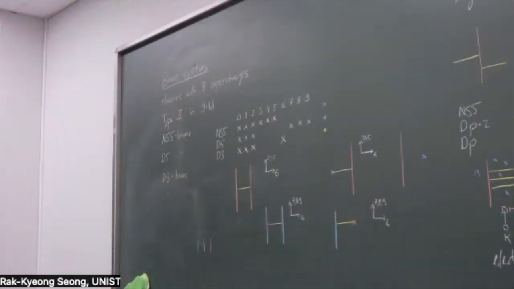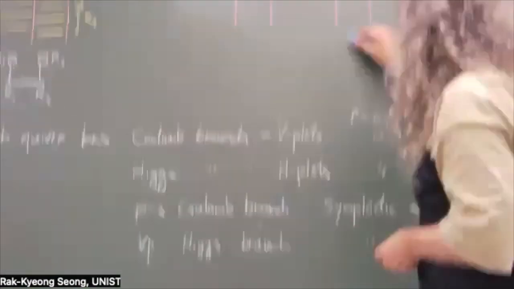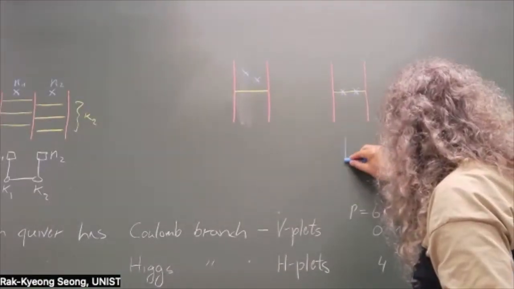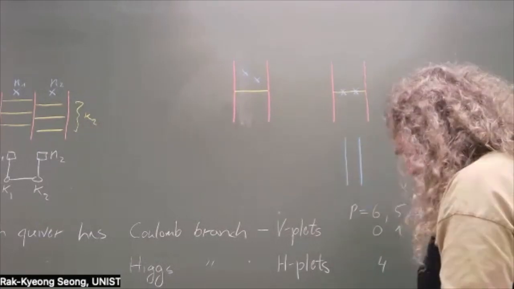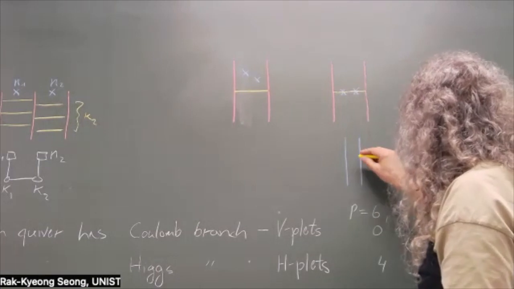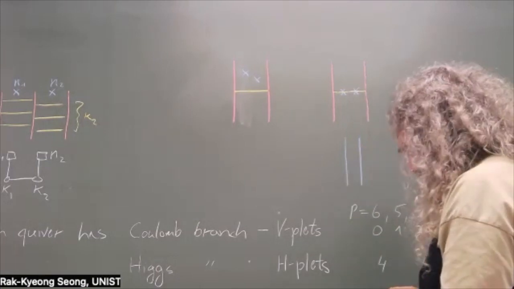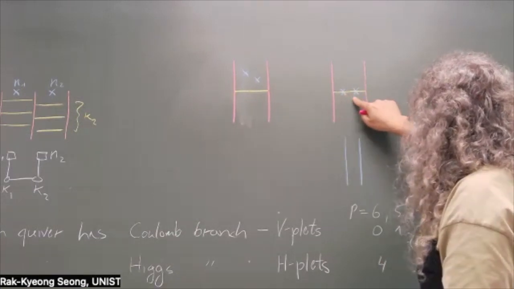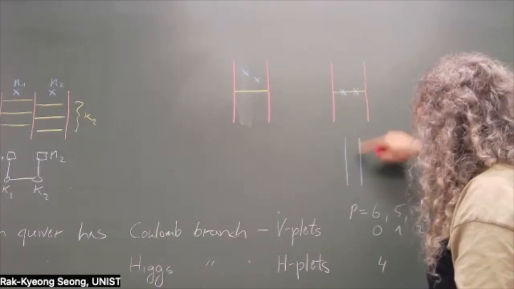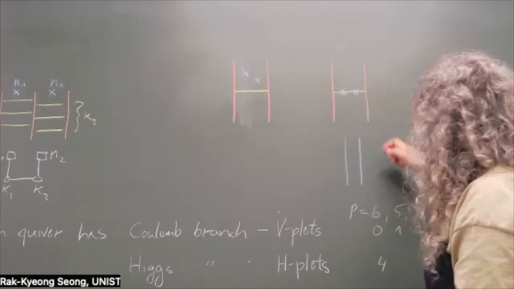So now I will move to a picture. I will draw the same thing, but in a different projection. When I do the same projection, it would look like this. Now, those are extended, and these are point-like.